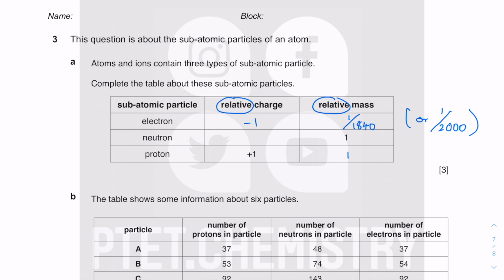Well, relative charge, not the actual charge. Neutron has no charge. That's why neutrons are not deflected when they pass through an electric field. Electrons, being negatively charged, would be deflected, moving towards the positive electric field. Protons, being positively charged, will be attracted and move towards the negative electric field.